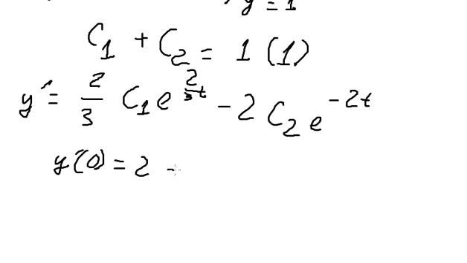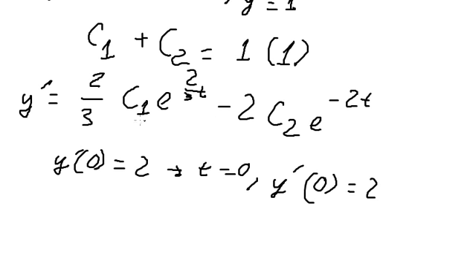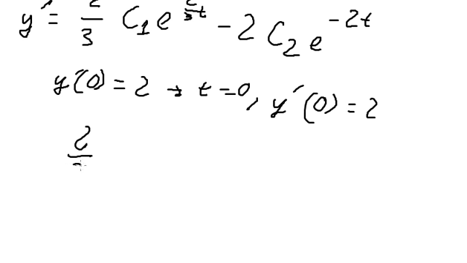That means when t equal to 0, the first derivative, we will have 2. So we put 0 in here and here. So we have 2 over 3 c1 minus 2 c2 equal to 2.